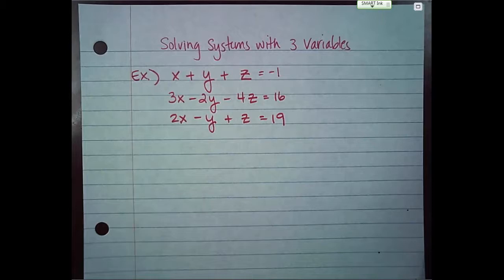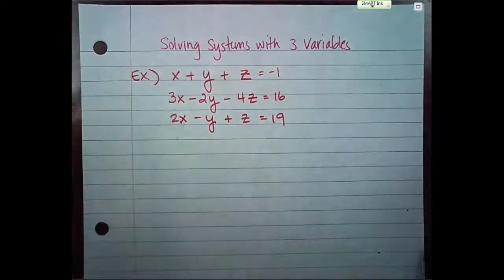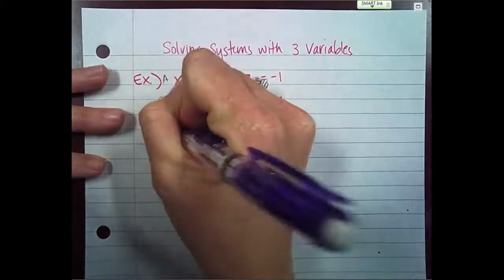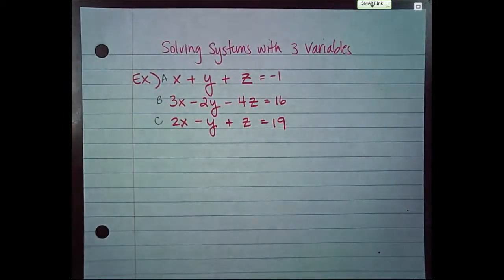Now, first thing that you do when you see all 3 is you label them A, B, and C. Okay? So if I label this A, B, C, so I can tell you what I'm talking about. Then you kind of glance and decide what you think would be easy to eliminate. Right? Some people might choose Z. The problem with Z is they're not opposite sign.